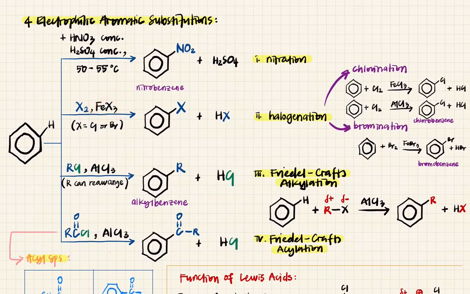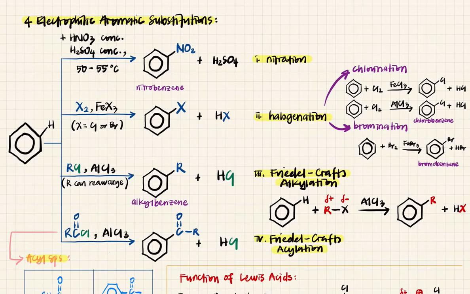Okay, so Lewis acid, dia punya function adalah untuk increase the polarity of your halogen molecule ni. Okay, supaya lebih senang untuk dia jadi leaving group atau electrophile yang bagus. Okay, so awak punya byproduct will be whatever HX, depending on what is your X lah.